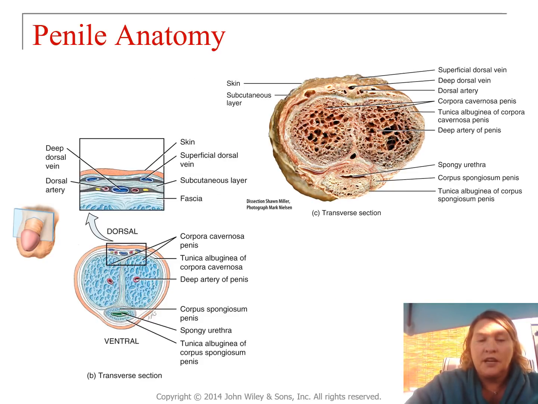All right, here's a cross section of the penis. I always say it looks kind of like a face. You can see it a little better in this view. The corpus cavernosa are on either side here. They make up the eyes with the deep artery of the penis. On either side, there's two of them. And then much smaller is the corpus spongiosum.